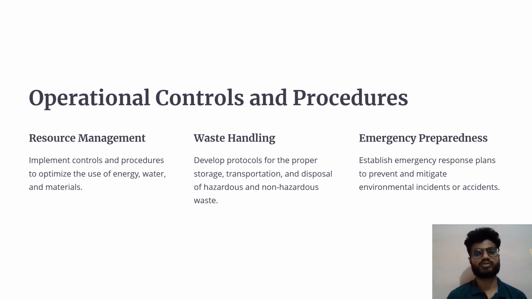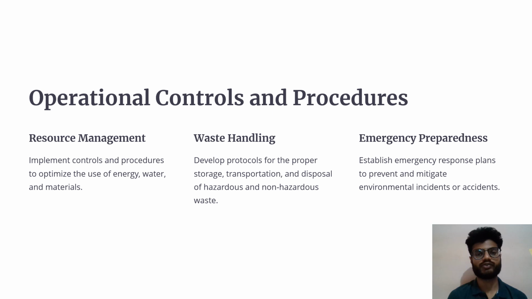Operational controls and procedures. So here is another step of approaching that problem. The first one is resource management, where we implement controls and procedures and optimize the use of energy and materials. It means we must use energy and resources like water and materials in a more optimized way.